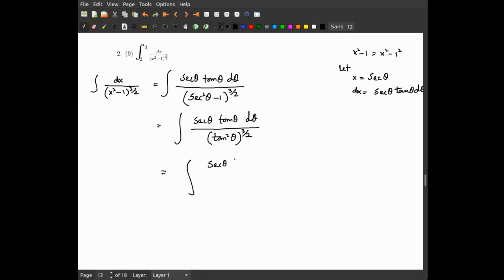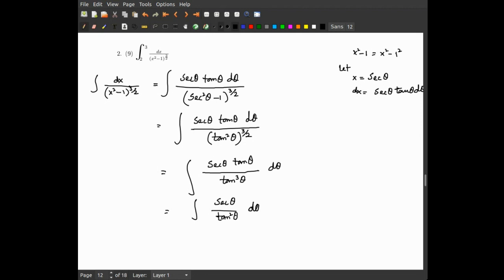Then you have secant theta, then tan theta, and tan square theta, if you multiply with the power, 2 and 2 is getting cancelled, and 3 is left, so tan cube theta. So 1 tan theta is getting cancelled.